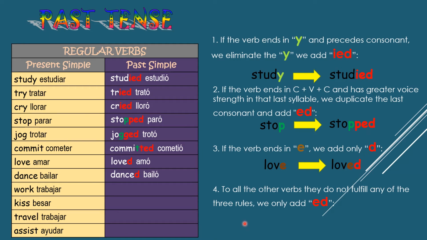For all the other verbs, they do not fulfill any of the 3 rules. We only add ed. Example, work, worked, kiss, kissed, travel, traveled, assist, assisted. En la mayor parte de verbos, nosotros añadimos ed.